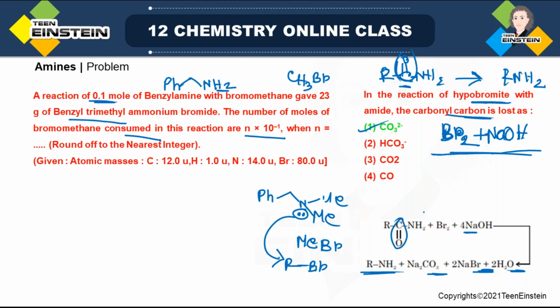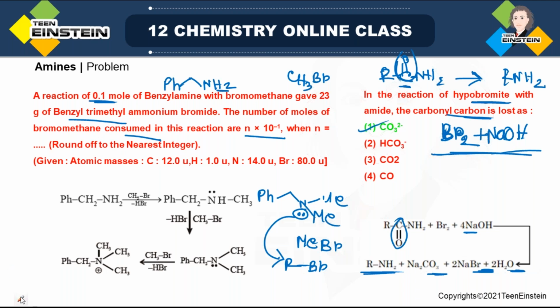From 1 mole of benzylamine, maximum 3 molecules of CH3Br can react. That is the maximum capacity. So when it is 0.1 mole, then 0.1 into 3, that means 0.3 moles of CH3Br can react with this PhCH2NH2. So it is always 1:3. As you have to express it as n into 10 to the power minus 1, 0.3 will be 3 into 10 to the power minus 1. So the answer should be 3.